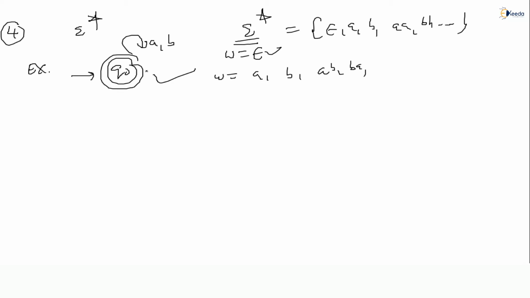Whatever string you give, that will accept, which means that is nothing but an FA in which all the states are final. So FA in which all the states are final states, nothing but all states are final states only.